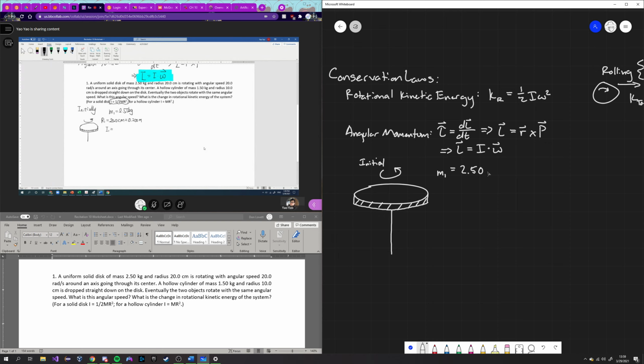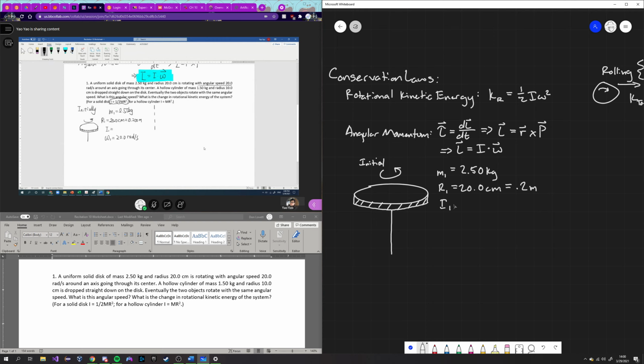So you should be able to calculate what is the I1 here. The question also provides us with the angular speed, omega 1 equals 20.0 radian per second. Okay, so this is what has been provided in the question set.